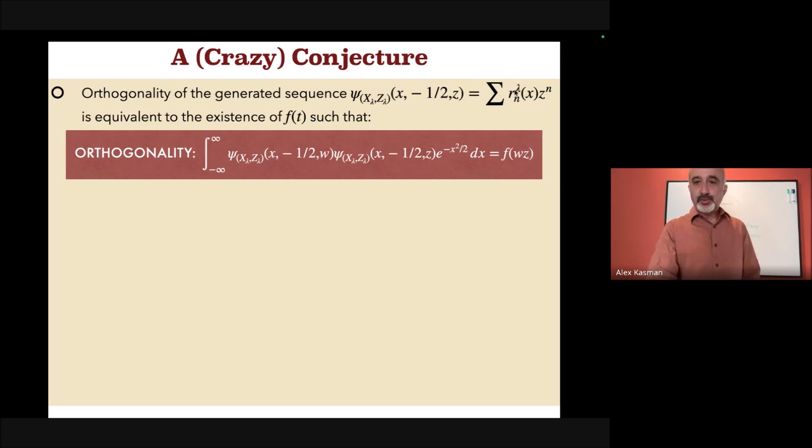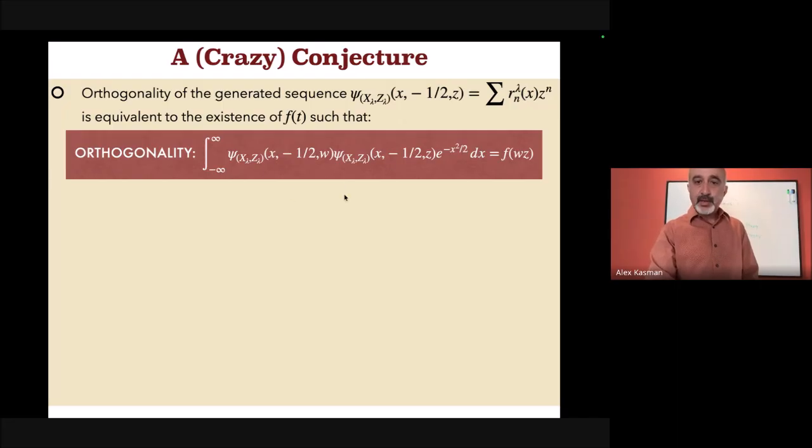Usually when people are talking about a bunch of functions being orthogonal, they just plug in each individual function. So take R sub m and R sub n separately and plug them into the inner product and see if you get 0 or not, right? But I wanted to do it with the generating function instead. So this is a generating function for these orthogonal rational functions.